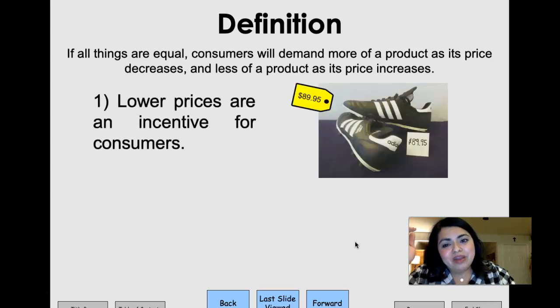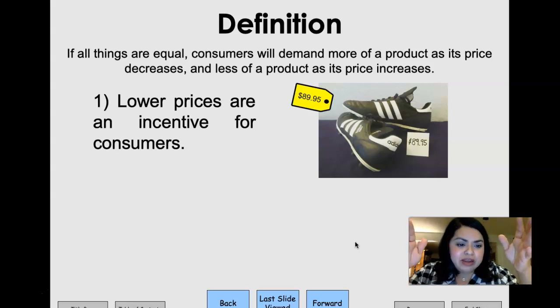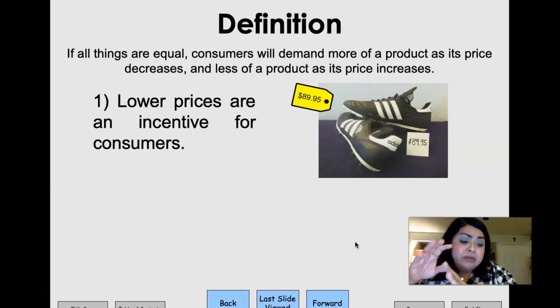Okay? So lower prices are incentives for the consumer. If they want to move a product, you have to make it at a reasonable price, right? If you make something so expensive that nobody can afford it, then the demand for it is going to be lower. Now, there are some specialized goods that are very, very expensive, but yet there's a demand for them.